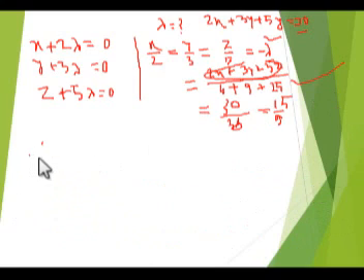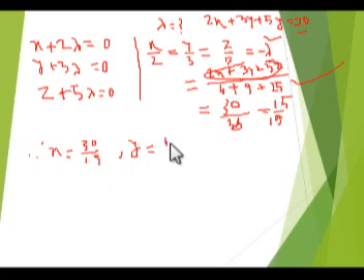So here x will be just this is 90, and x will be here 30 by 90. Y will be 45 by 90, and Z will be 75 by 90.